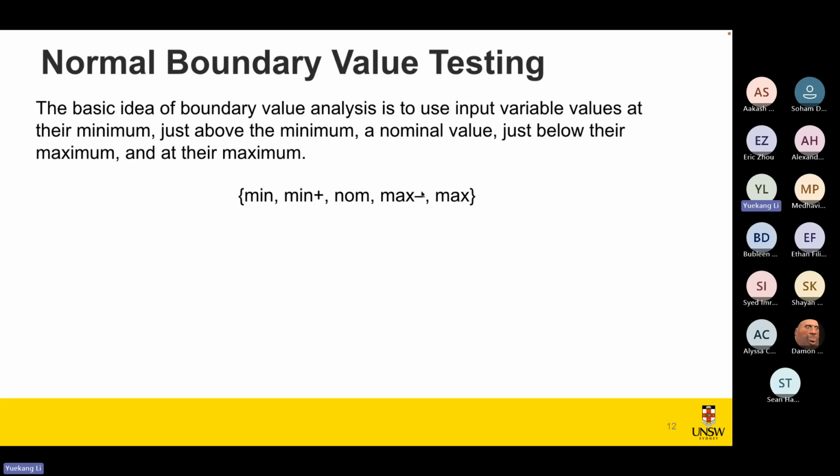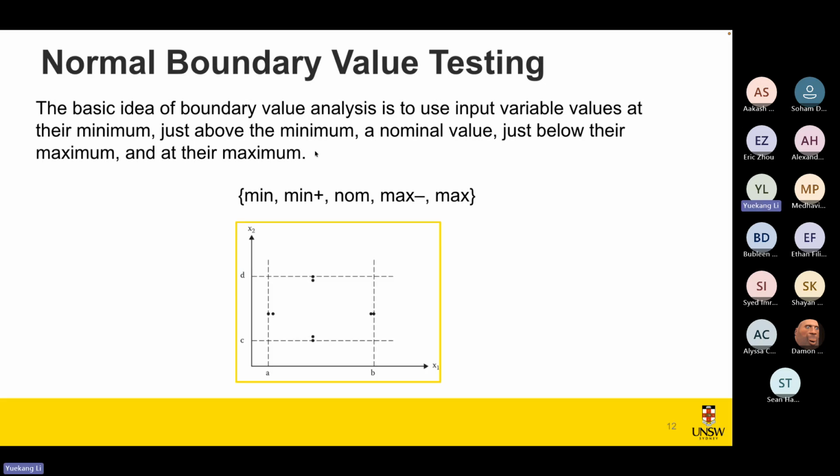These four are the extreme values we can take, and this is the normal value we can take. If we follow this normal boundary value testing design, we can get these test cases.